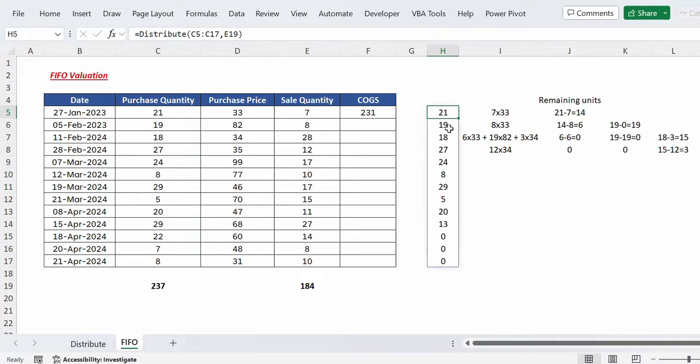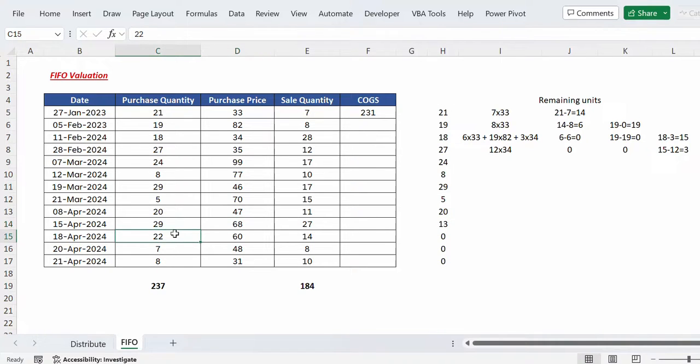So what we have got from this 184, we could completely cover this particular purchase quantity. We could completely cover this 19 as well. We could completely cover this 18 as well on 11th February. Now when we reach here, let's say on 8th April, 20 quantities, so we could completely cover them. Now out of these 29 quantities that we purchased, we could only sell 13 quantities at a price of 68, right?